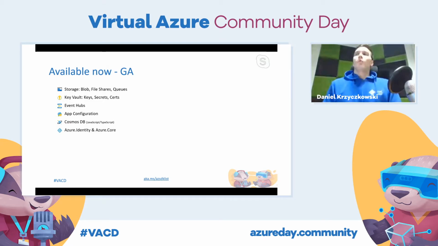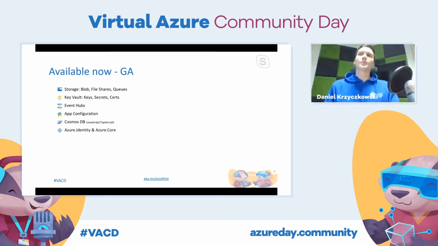So right now, what we have as developers for our applications: SDK for Azure Blob, file shares and queues. So we can use the Storage SDK to connect to Azure Blob Storage, for instance, to implement upload and download of files in our applications. We can use the Azure Key Vault SDK in our applications.